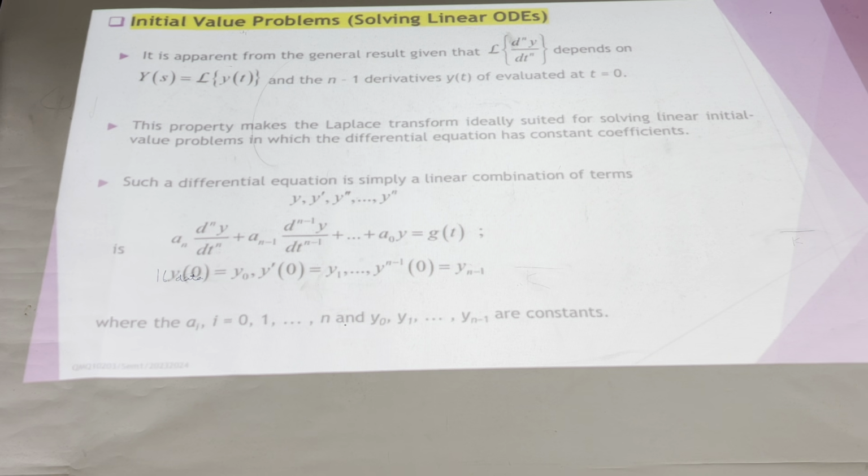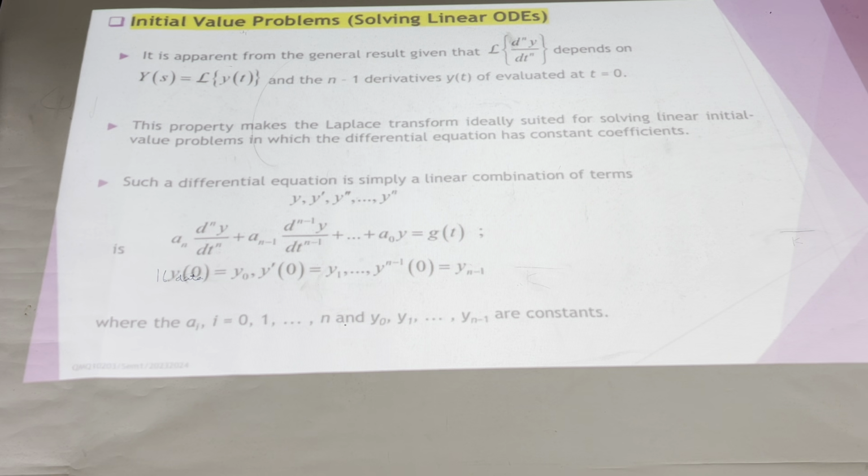If you have this form, then each term you can transform. You can find the Laplace of this one, Laplace of this one, and also Laplace of function 2. You can transform all the terms in the differential equation.